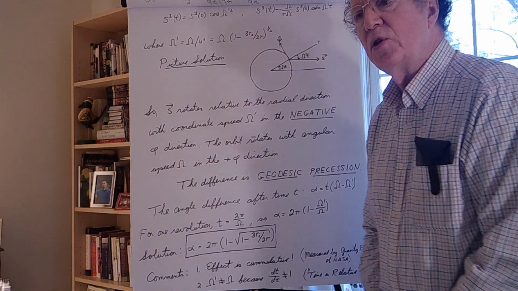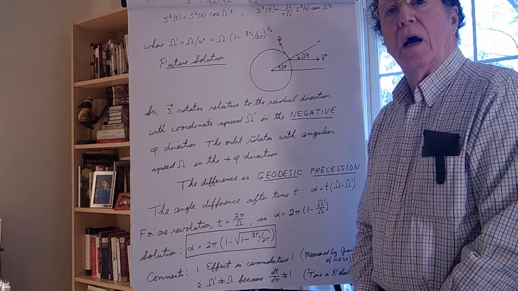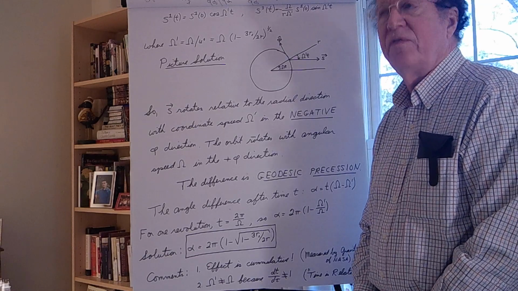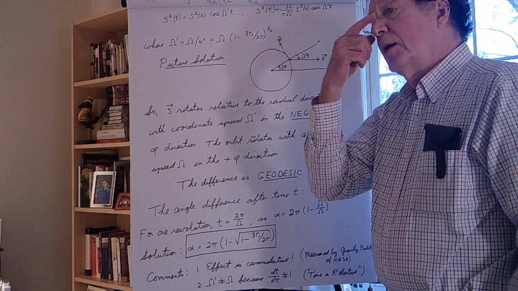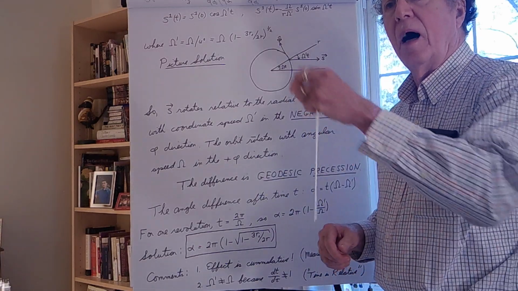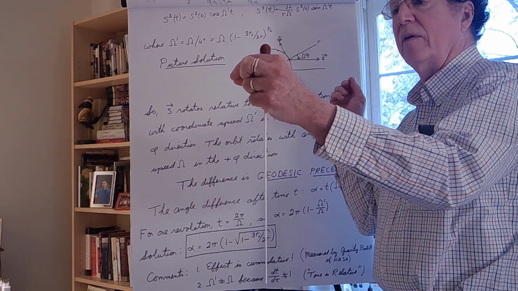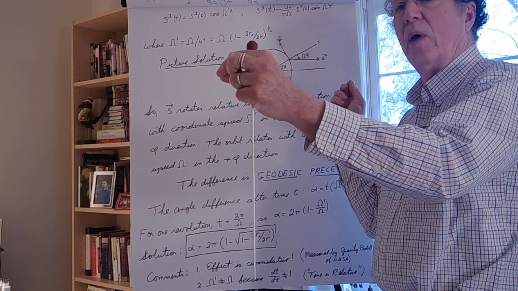Look back at the derivation there, and you'll see that U0 gets really two physical contributions. We're comparing the time on the satellite to the time of a stationary observer very far away.